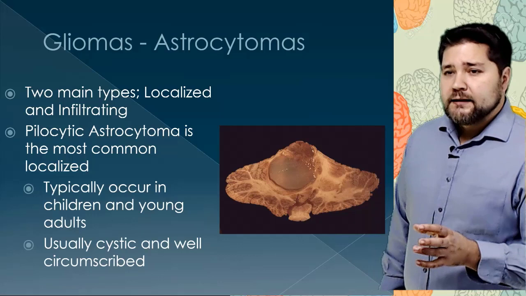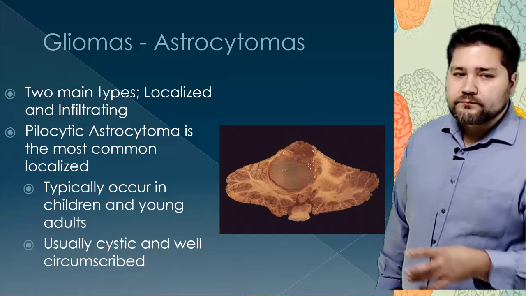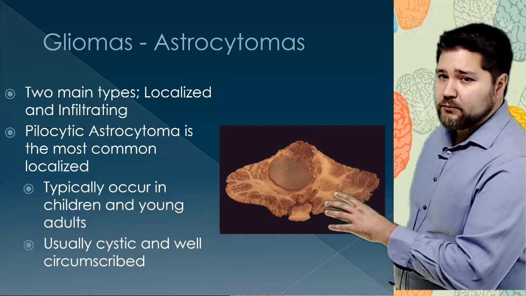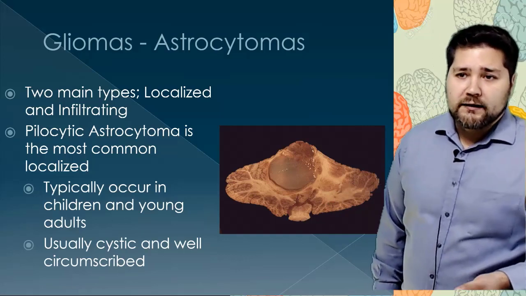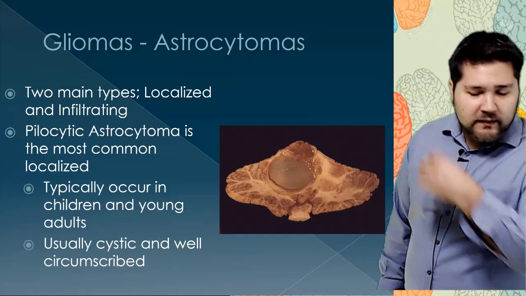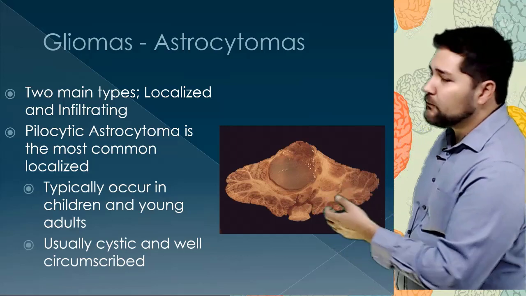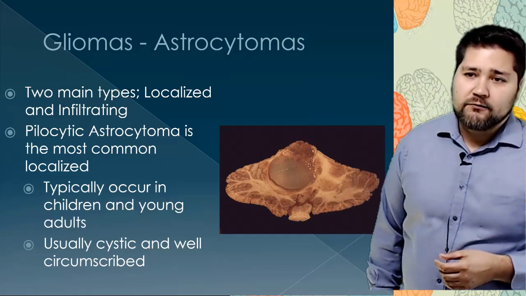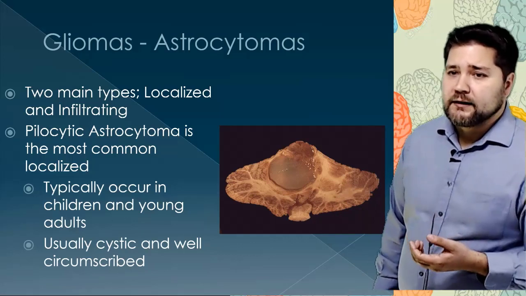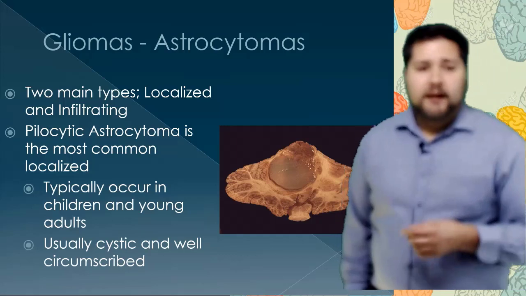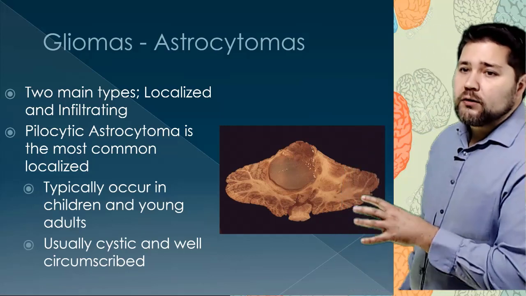So localized tend to be a little more amenable to treatment. And the one classic example is the pilocytic astrocytoma, which is usually found in younger individuals, particularly children. And these tend to be well circumscribed with some cystic formation. So usually you can go in and treat it, and I think they're responsive to radiotherapy as well. But this is your most common localized astrocytoma.